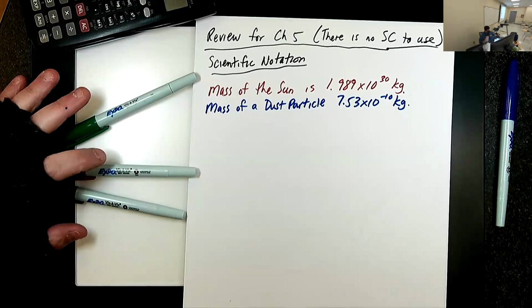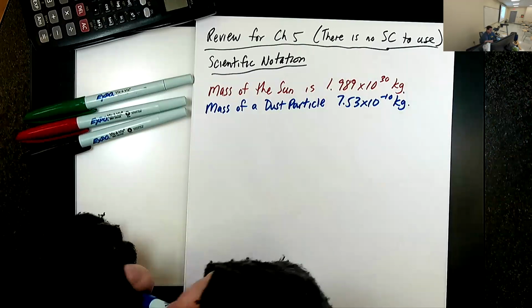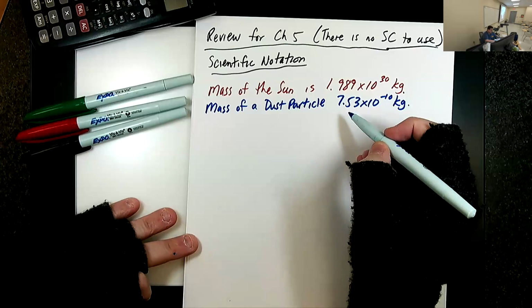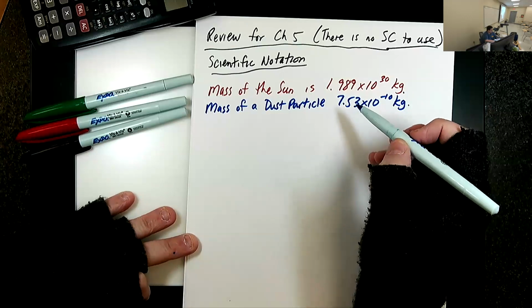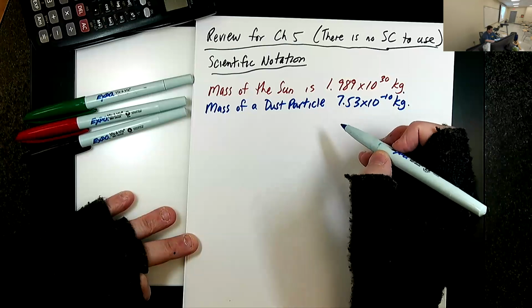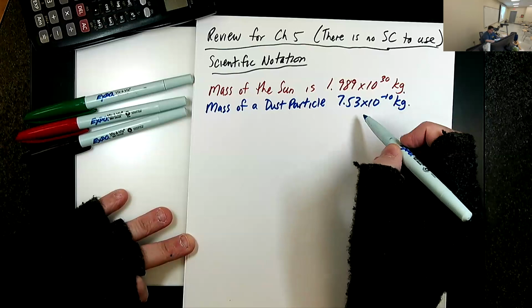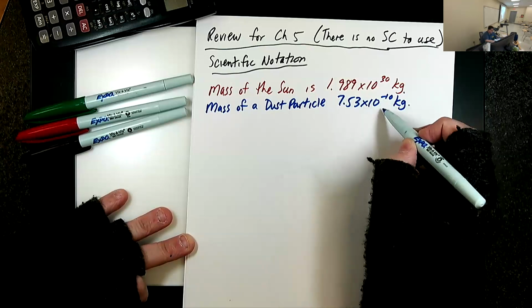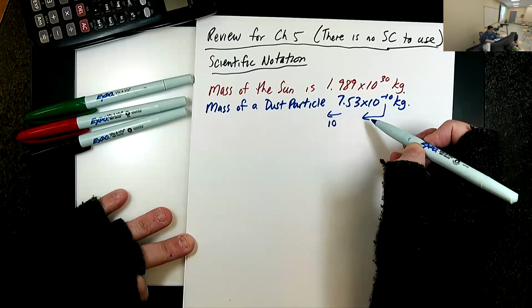I'm going to write out the bottom one. We'll look at the top one in a second, but the bottom one's helpful to look at. The negative 10 means, picture a dust particle. It's really small. It doesn't have a lot of mass. It's almost zero. So negative numbers means the decimal has to move. The negative 10 says the decimal has to move to the left 10 spaces.